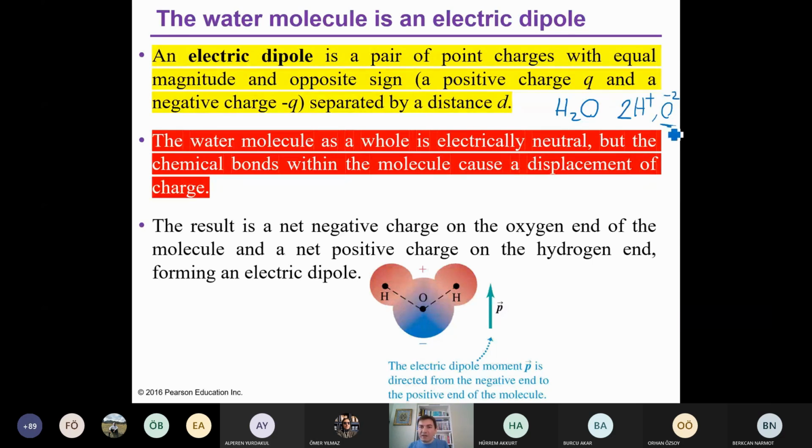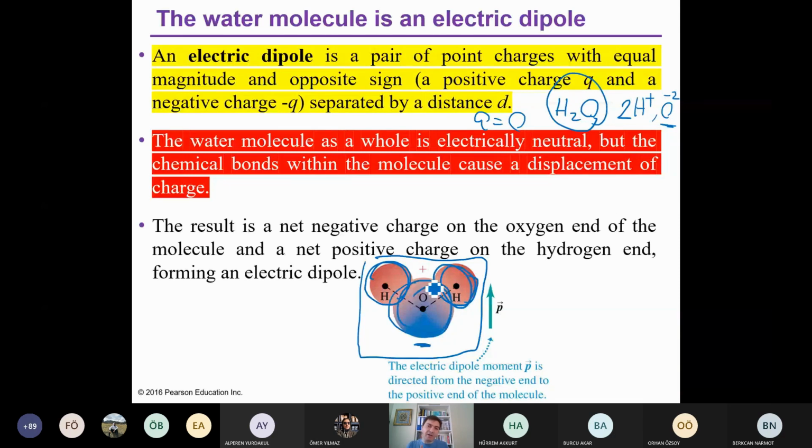In total, it has zero net charge. But due to the chemical bonding of hydrogen and oxygen atoms in the water molecule, we have this type of shape. What do you see here? Positively charged hydrogen atoms are located here, and the negatively charged oxygen atom is located here.